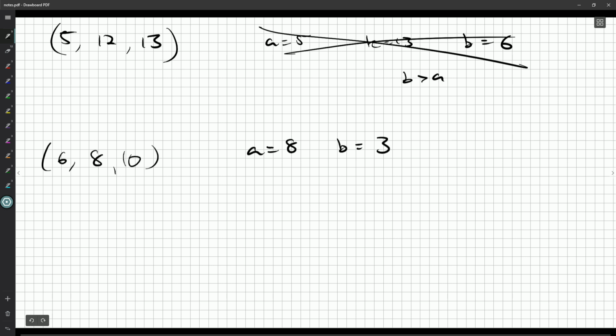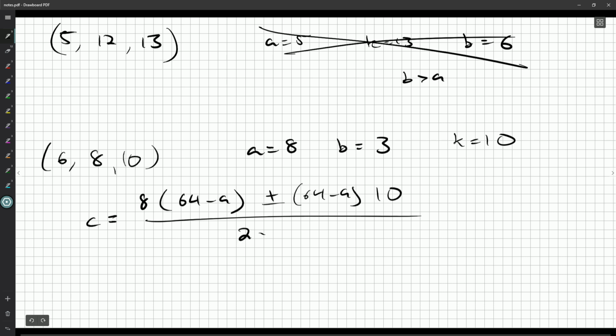B could be 3. And then K could be 10. That might work. So we'll have 8, 64 minus 9, plus or minus 64 minus 9, and then times 10, all over 2 times 9.